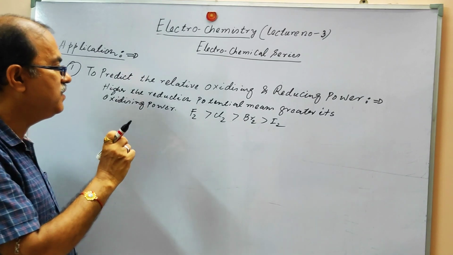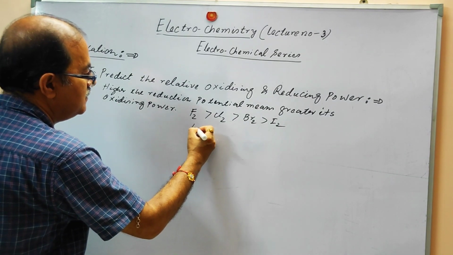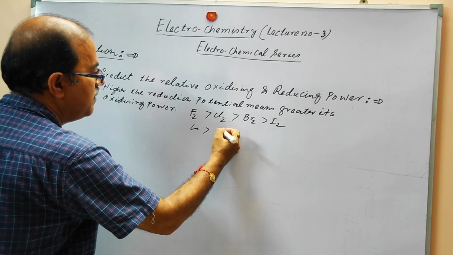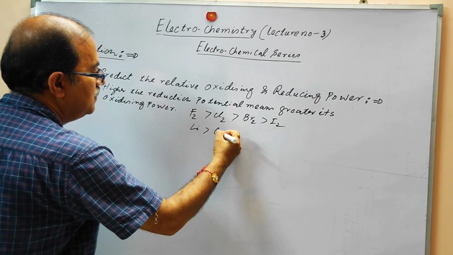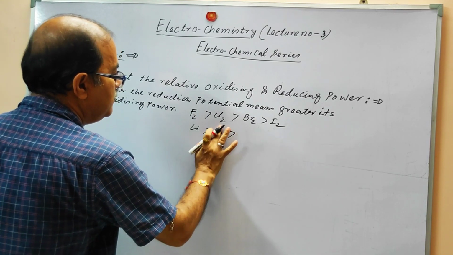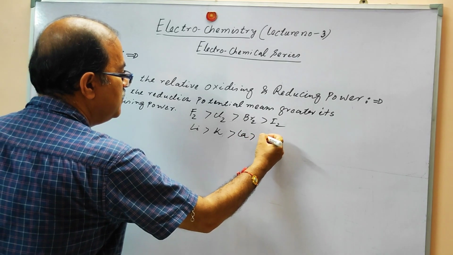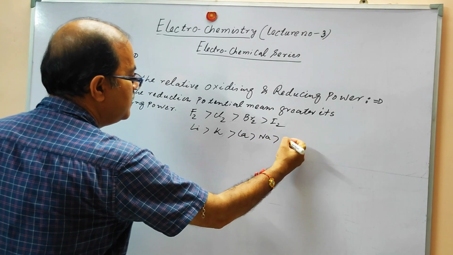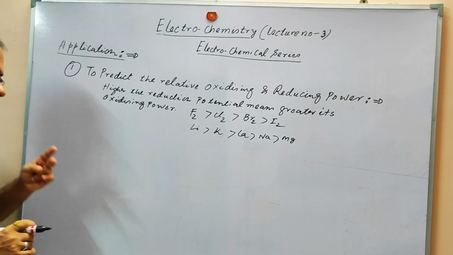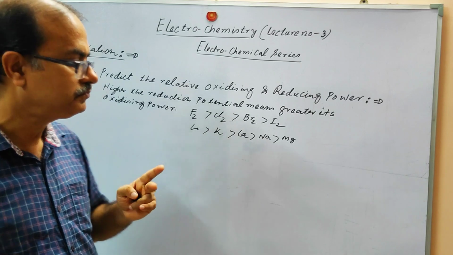In the same way we can see the reducing power of the elements. Lithium has the highest reducing power, then potassium, then calcium, then sodium, and then magnesium. In this way it goes. The main thing we have to remember is the position of hydrogen.